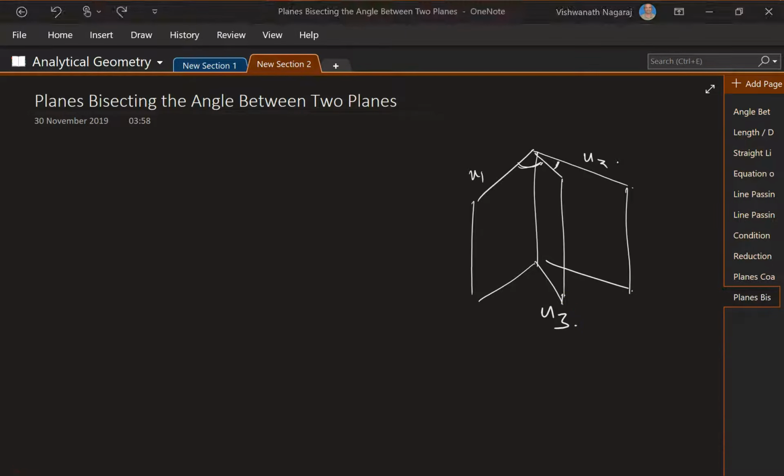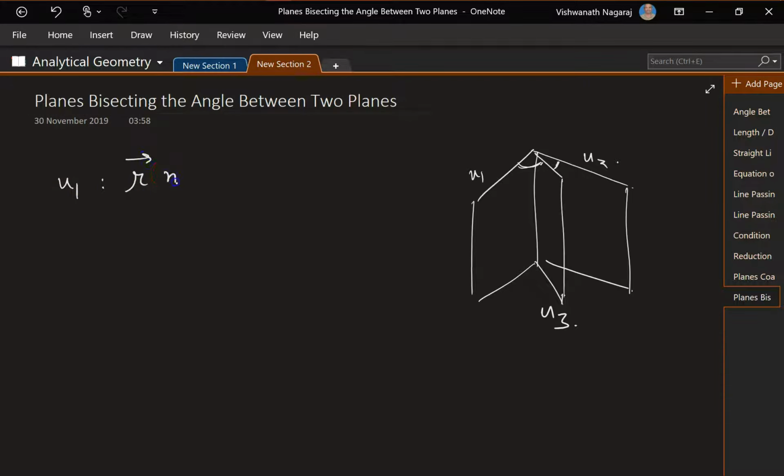In the previous session we looked at the equation of any plane that has the same or common line of intersection. Here we are talking of a particular plane which cuts the angle between u1 and u2 into two equal parts. u1 is, let's say, r.n1 equal to q1, u2 is r.n2 equal to q2.